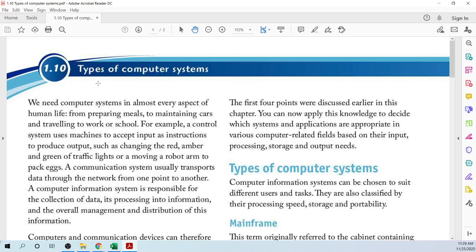So in review, today we looked at the types of computers for different situations, for different tasks. We would have different computers for different needs.